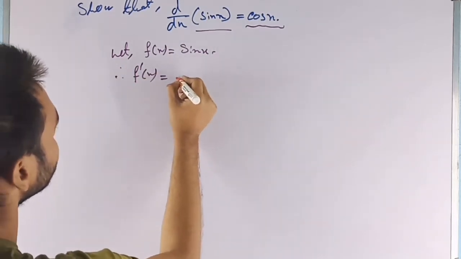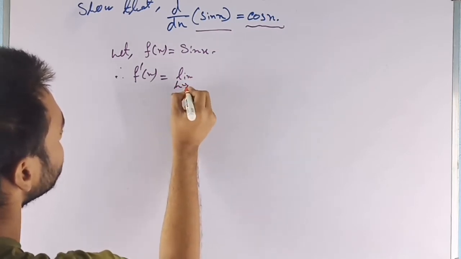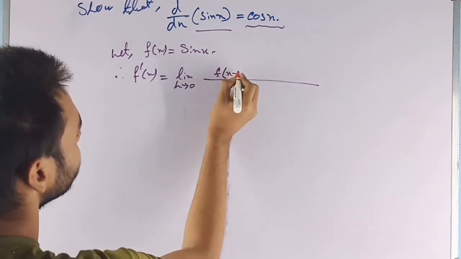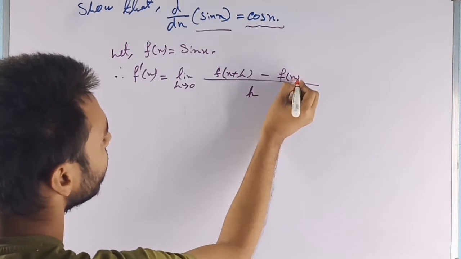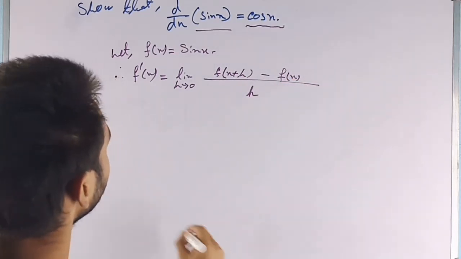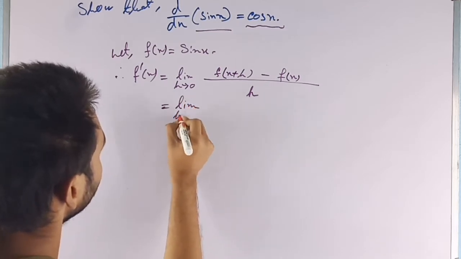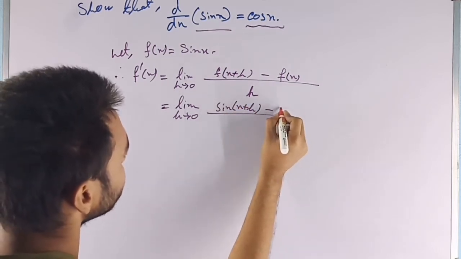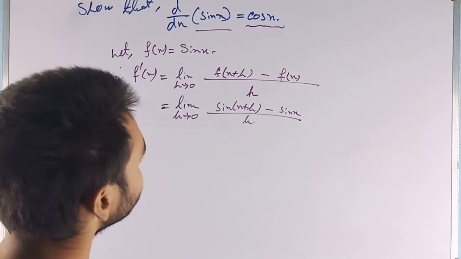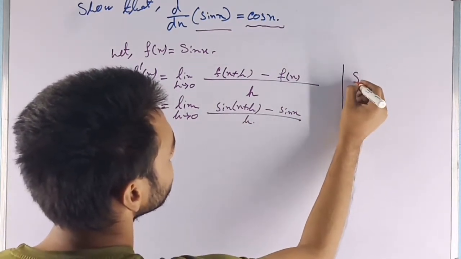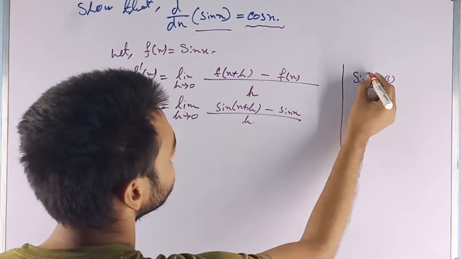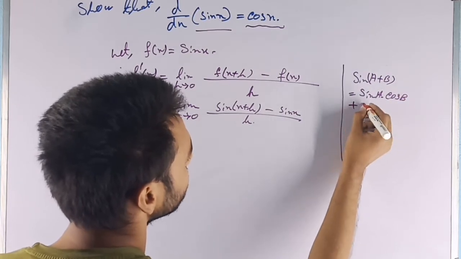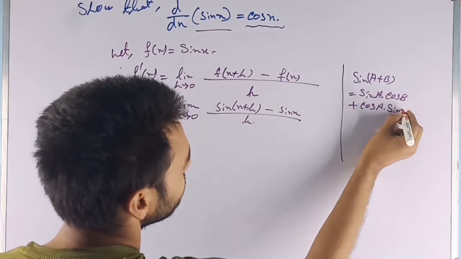Therefore f dash of x equals the limit as h tends to 0 of f of x plus h minus f of x, over h. That is the limit of sin of x plus h minus sin x, over h. Now sin of a plus b equals sin a cos b plus cos a sin b.